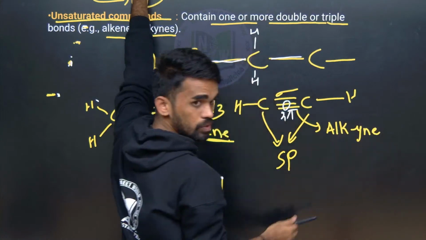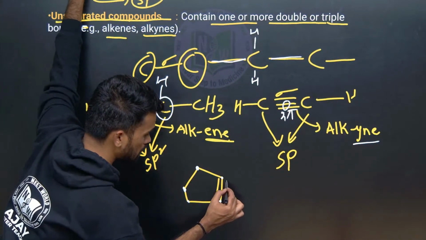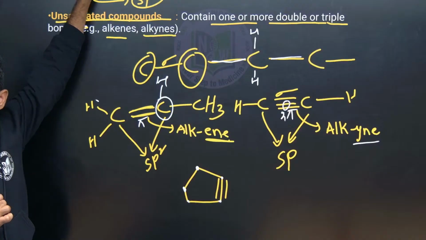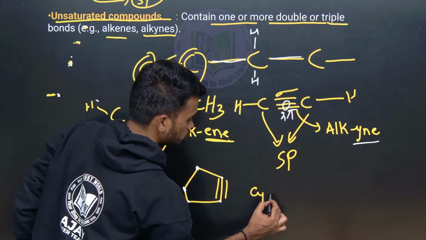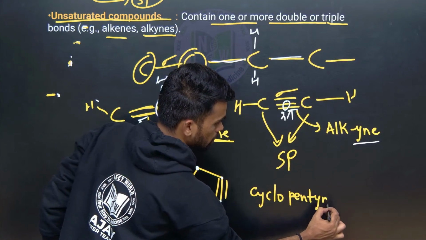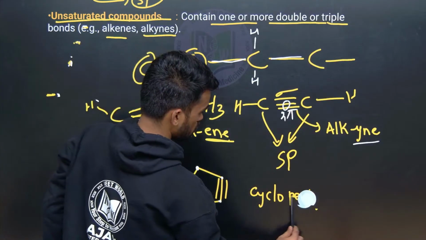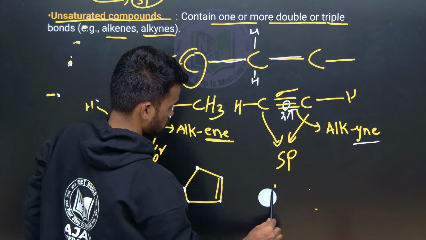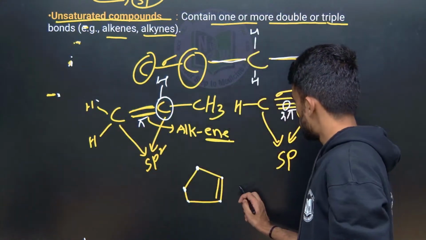So the name should end with yne. If we have multiple triple bonds like this, then we can write something like this. Is that clear? So for this we can write cyclopentyne.